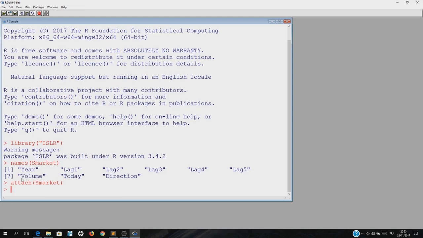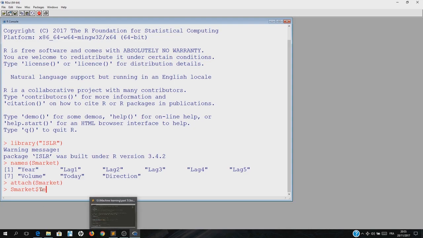The function attach does the following: if we want to use year, we have to write SMarket, then dollar, then year, and we have to do that all the time.